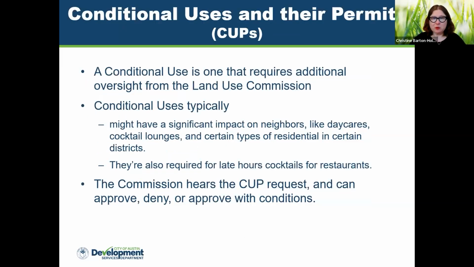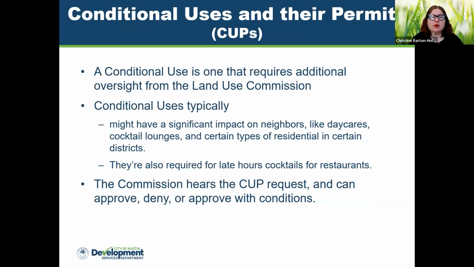So a conditional use permit requires additional oversight. It's a use that is permitted, but just needs additional review because typically they may have a significant impact on neighbors. Typical examples would be cocktail lounges, daycares in a couple of zoning districts, late hours cocktails.